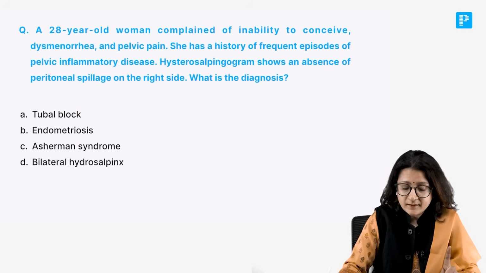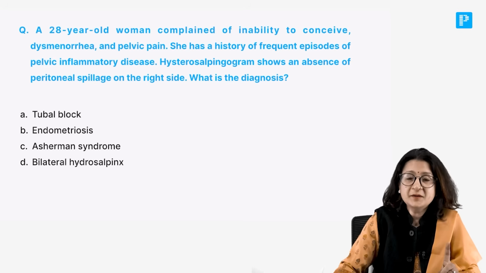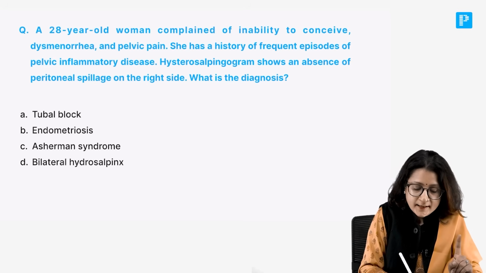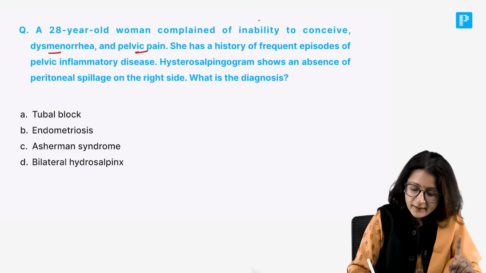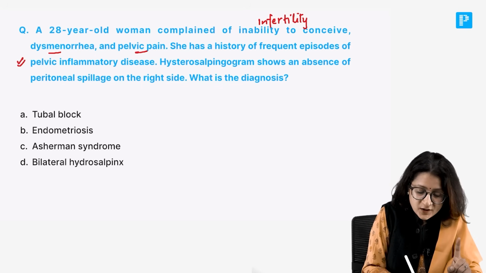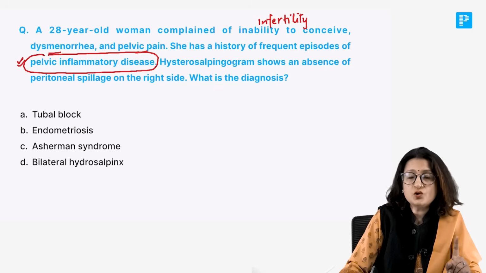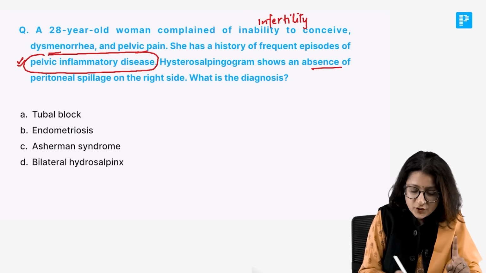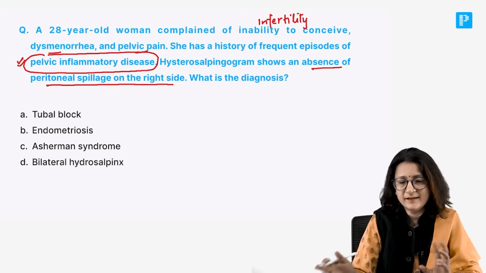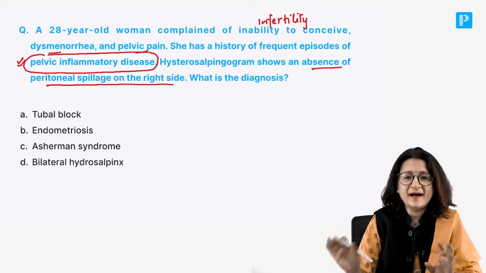A 28-year-old woman complained of inability to conceive. So we have the context of infertility, dysmenorrhea and pelvic pain. She has a history of frequent episodes of PID. So that is your clue here. Now HSG shows absence of peritoneal spillage on the right side. So on one side they are saying peritoneal spillage of the dye is not seen.